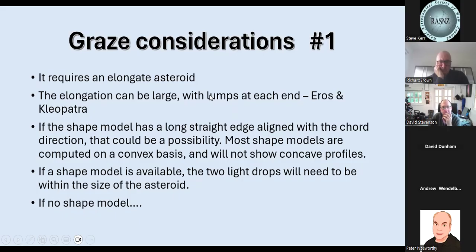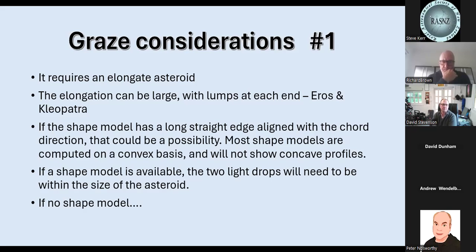When you're looking at an event with shape models, in Occult you can see shape models, a heap of asteroids. The shape models give you a general idea, but the mathematics behind the shape models is very complex, and most models are done on the basis of all surfaces being convex.